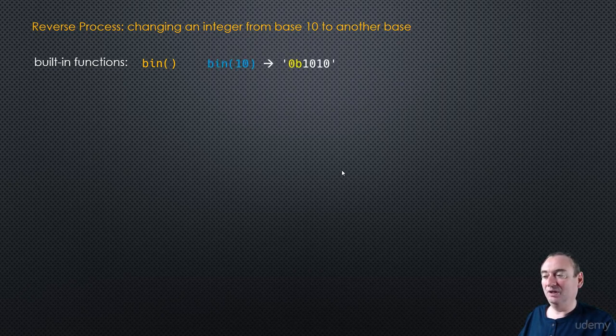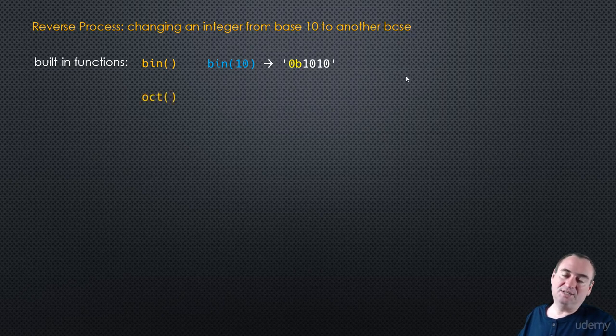So for example, if we have bin 10, it will return a string, which will be the binary representation of the base 10 number 10. Now you'll notice it prefixes that string with 0b. That's just basically a way to document that this number contained in this string is a binary number.